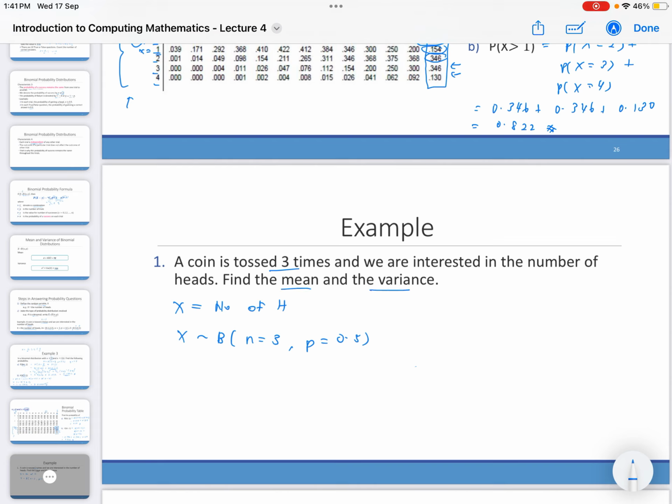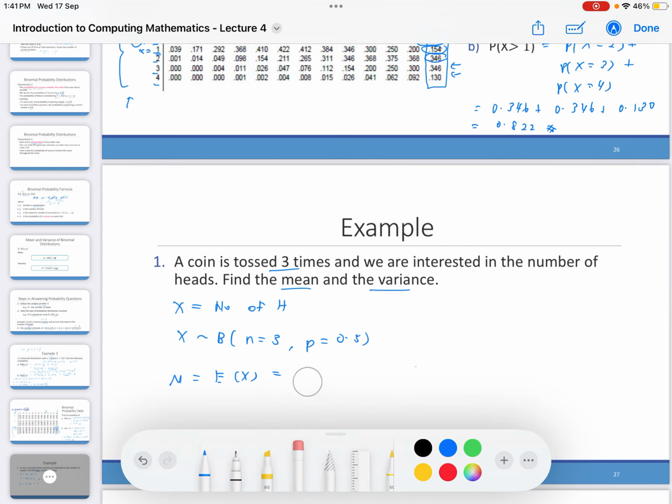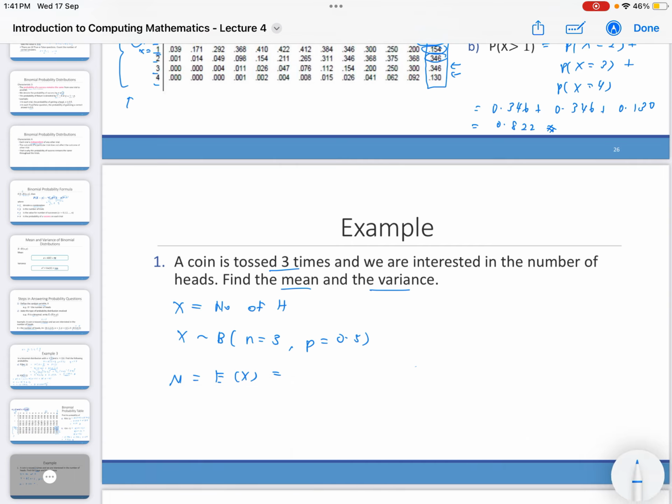So once we get this, we can straight away get the mean and the variance using the formula. So the mean, which is equals to the E of x, the formula here is n times p. N times p, which is equals to 3 times 0.5, which is 1.5.